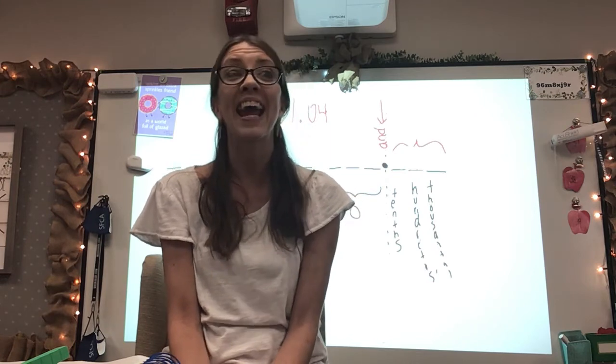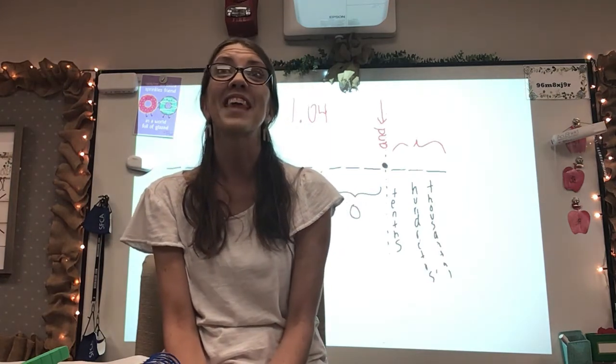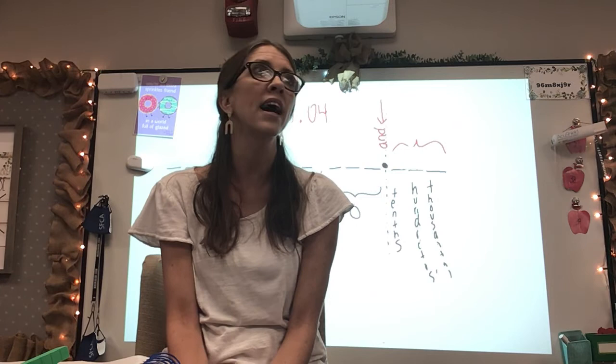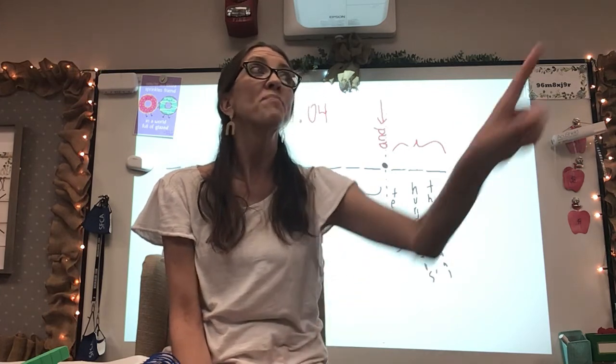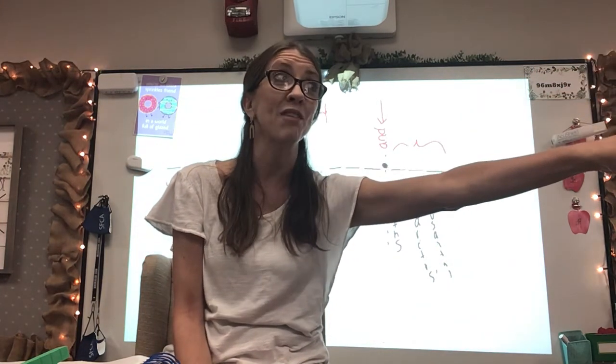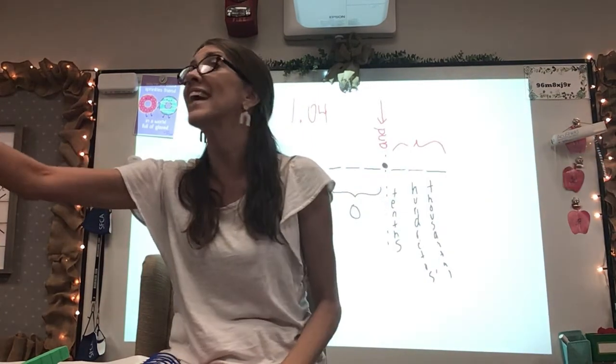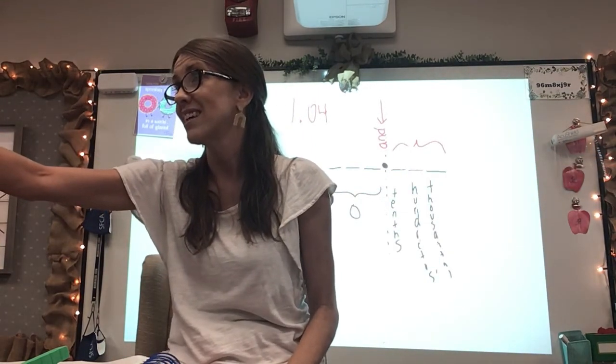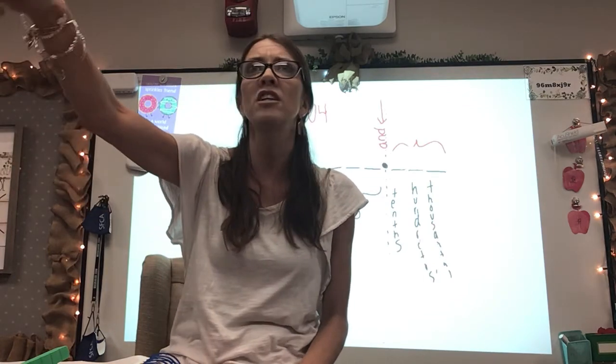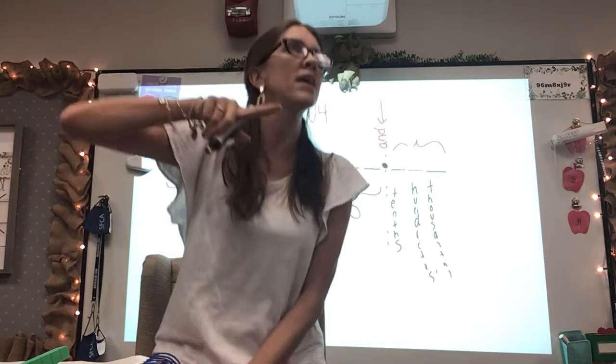10 and 30 thousandths. Nice. That's 10 and 3 thousandths. You need 10 and 30 thousandths. Yes, that's 10 and 3 thousandths. Good job, guys. That was a tricky one.